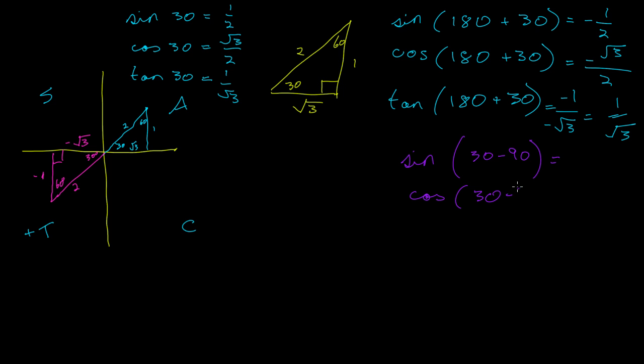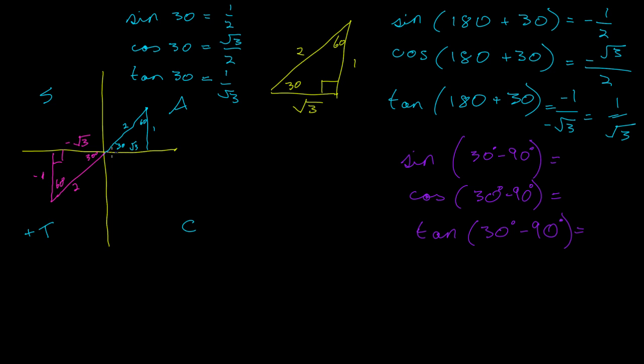Obviously, 30 minus 90. Again, please forgive my not adding degree signs. I assume that you understand 30 here means 30 degrees, right? Okay. Point being, what would that look like? 30 minus 90.